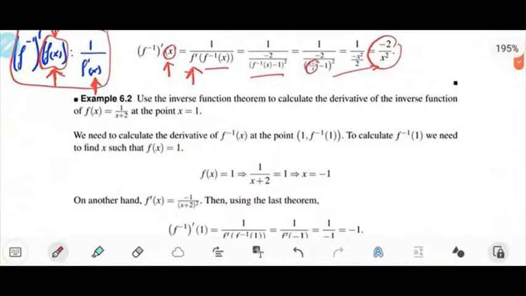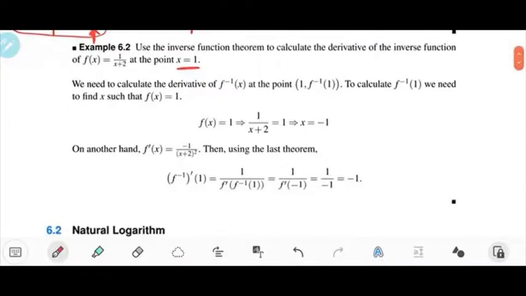Let's take another example. Use the inverse function theorem to calculate the derivative of the inverse function of f of x equal 1 over x plus 2 at the point 1. So what we need to calculate is f minus 1 prime at the point 1, which is equal to 1 over f prime at the pre-image of 1, f minus 1 of 1.